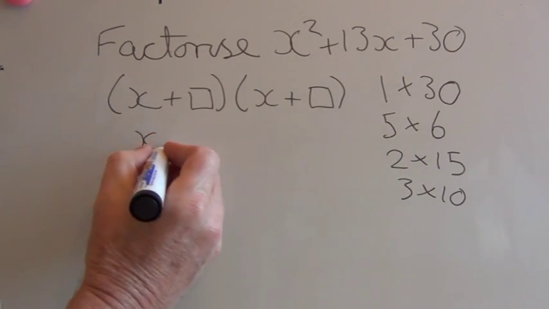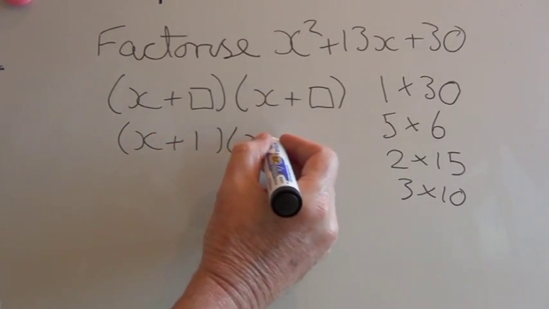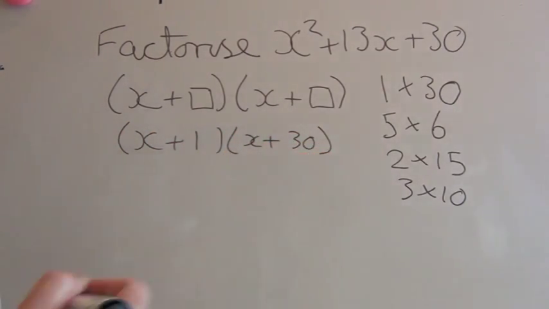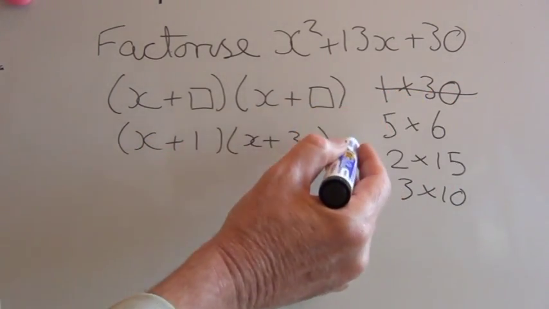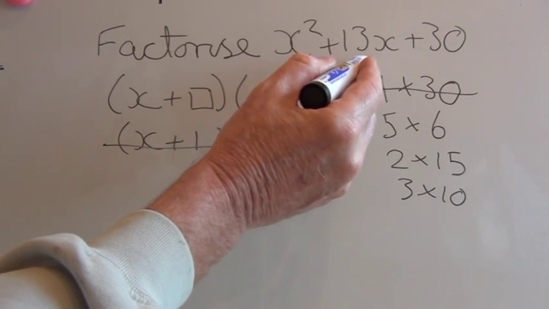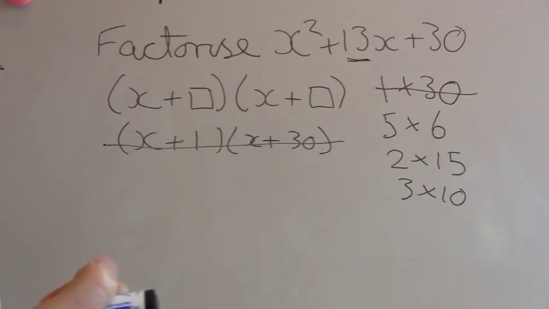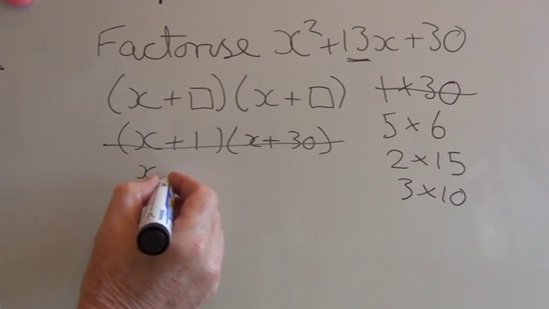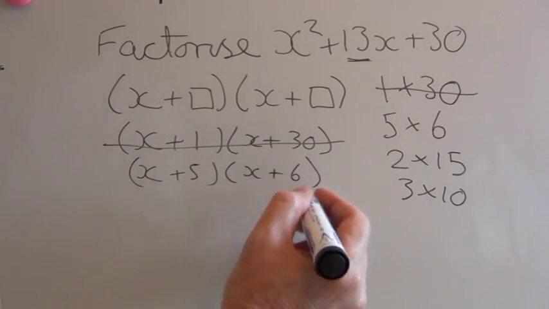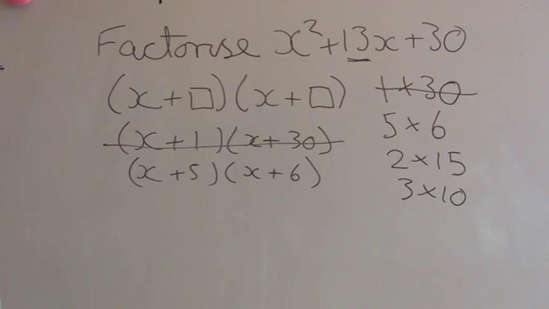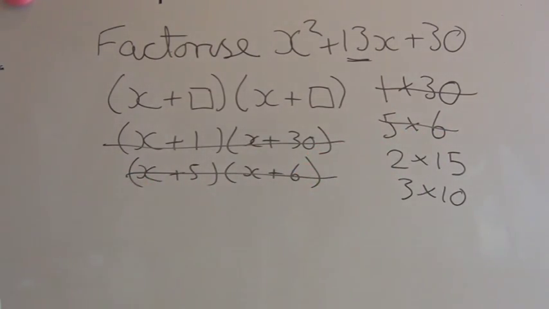So we say x plus 1, x plus 30, and 1x, 30x, so that gives us 31x. So that's no good because the coefficient we're after is 13. So again, 5 times 6, let's have a look at that one. x plus 5, x plus 6, 5x plus 6x gives us 11x. So that one's no good, again we're after 13.